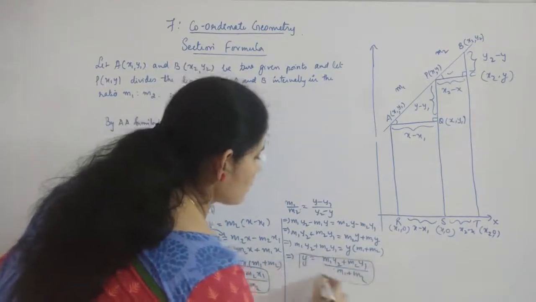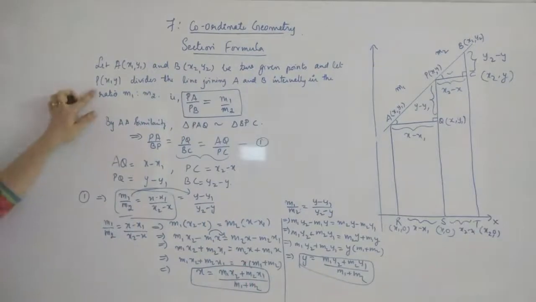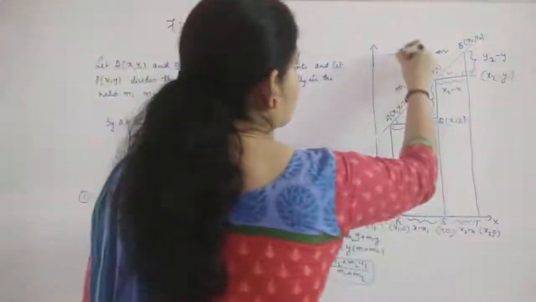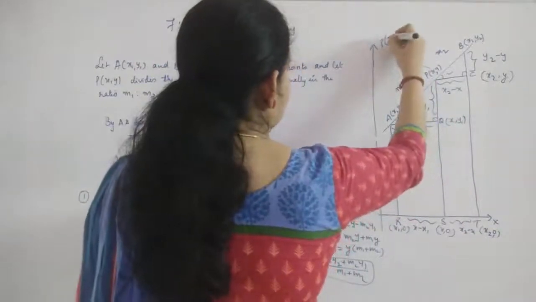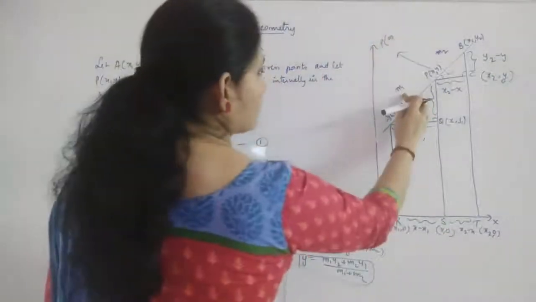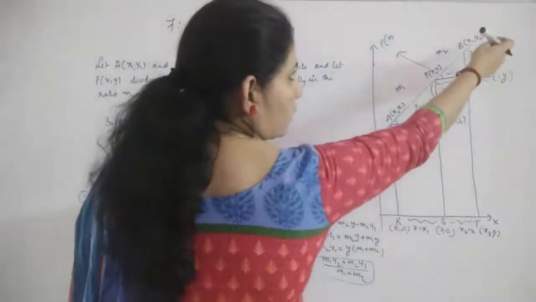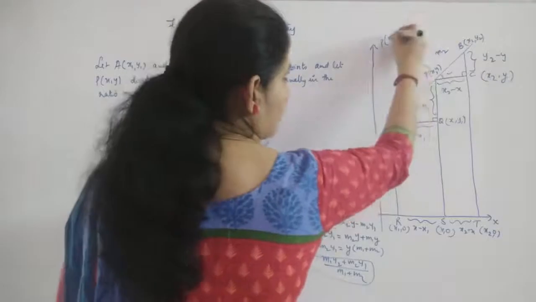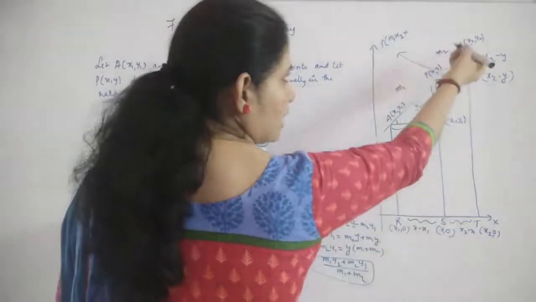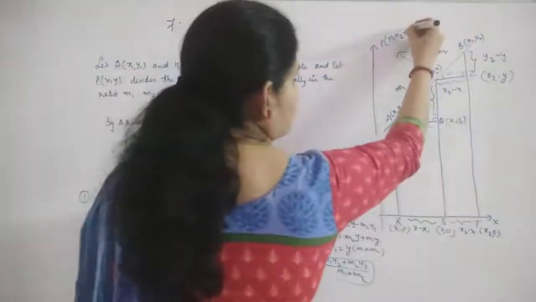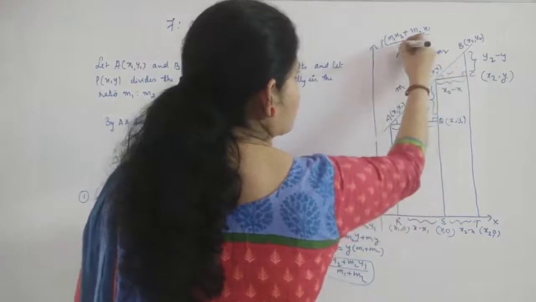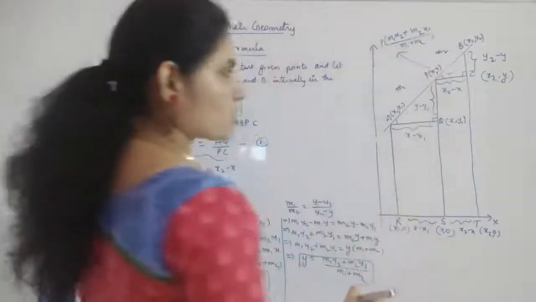So this is your y coordinate for your P, that is, the point P has been taken as x comma y. So you got the coordinate of P as m1 x2 plus m2 x1 divided by the sum of the ratios, m1 plus m2, as your first coordinate.